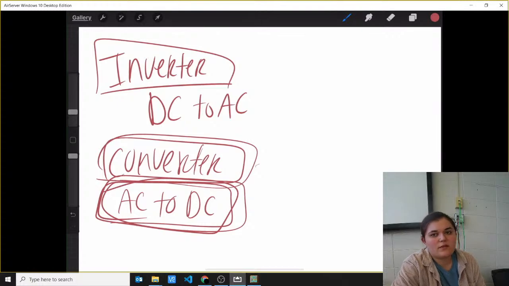I know I said one phase, but they're designed to operate solely on three phase. So that would be 115 or 230. And I'm talking about volts AC. You know that, right? So 115 volts or 230 volts.